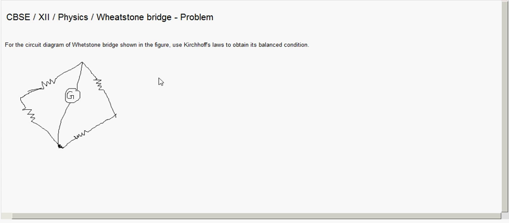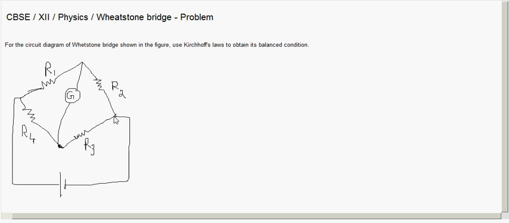We are marking the resistors as R1, R2, R3, R4. This is the given circuit. For this given circuit, obtain the balance condition using Kirchhoff's law.